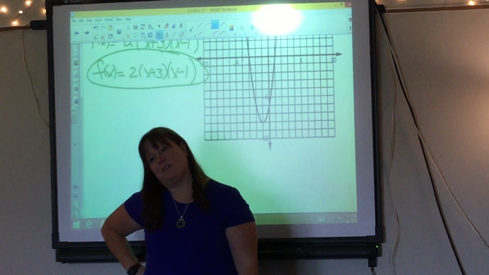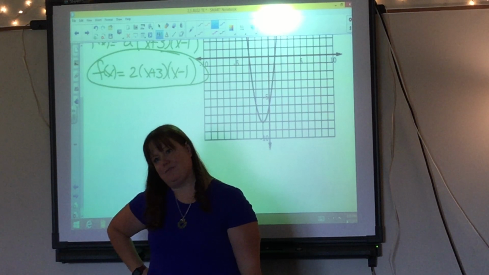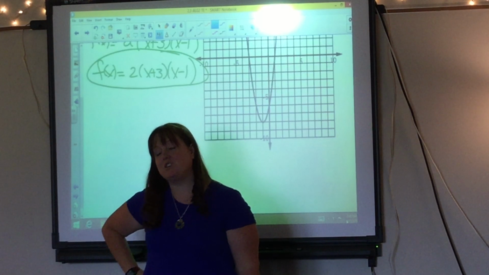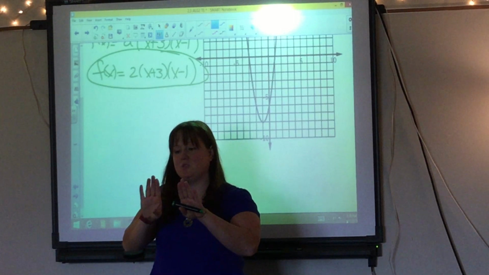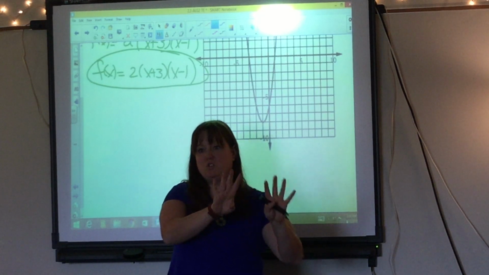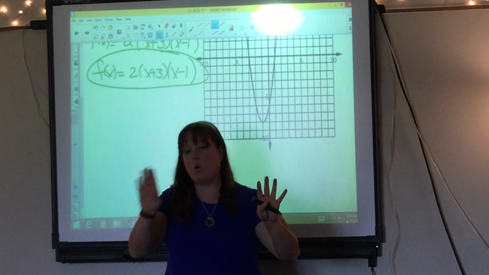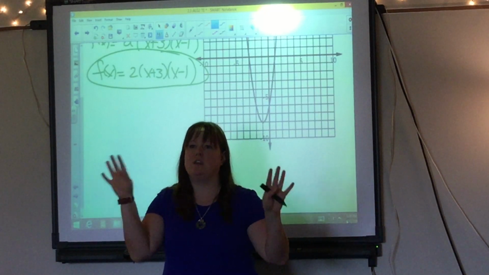Can I multiply the two binomials first and then multiply the whole thing by 2? Yes, because multiplication is commutative. The commutative property of multiplication says 2 times 3 is the same as 3 times 2. So I can multiply these two first and then multiply this one, or multiply these two first and then multiply this. It doesn't matter what order I multiply in, it always comes out the same.